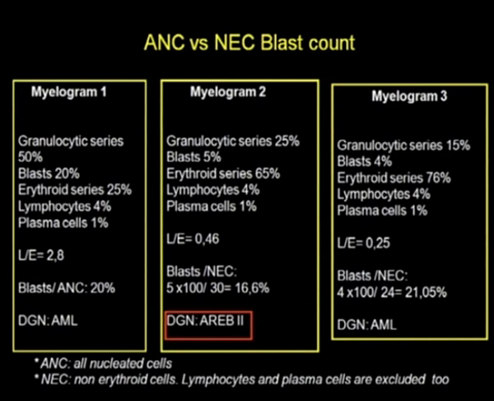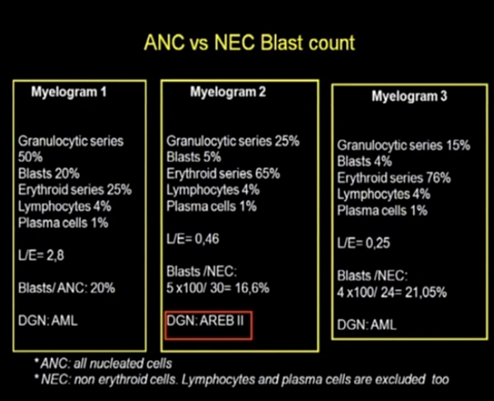So I have to recalculate the blast percentage out of the NEC context, that in this case is out of 19, not 24. There is a mistake in the slide; I checked the results, but the number is okay. And here again, with the 4% of blast, we are in the context of acute myeloid leukemia.